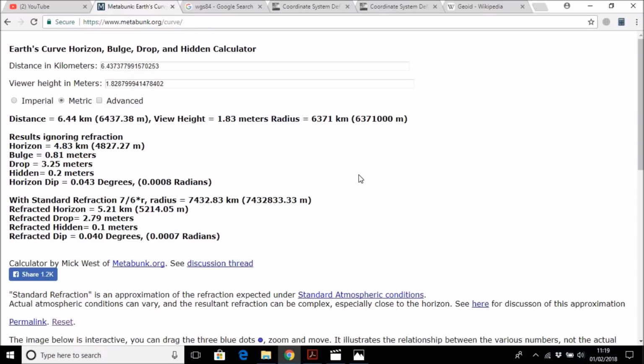Over long distances, particularly, and over large numbers of uses, we find that the curvature calculators are always close to the observed values.